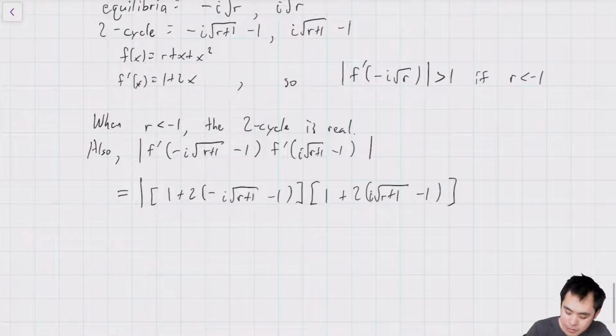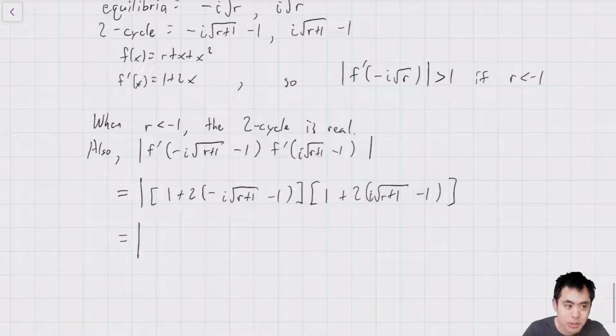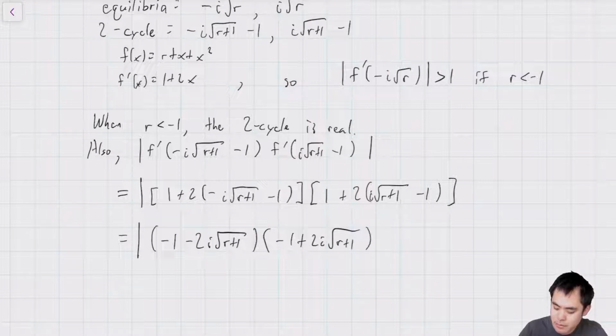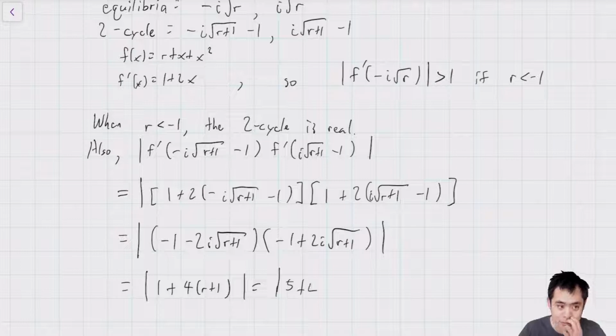If we expand that out, that's equal to the absolute value of minus 1 minus 2i times the square root of r plus 1, times minus 1 plus 2i times the square root of r plus 1, which is equal to 1 plus 4 times r plus 1, which is equal to the absolute value of 5 plus 4r.